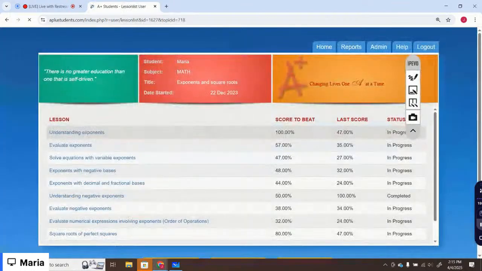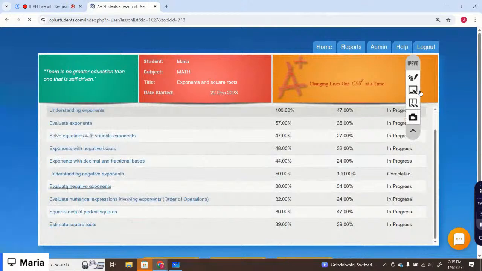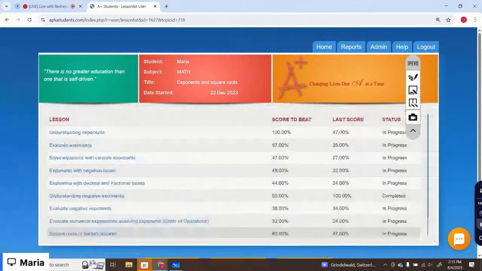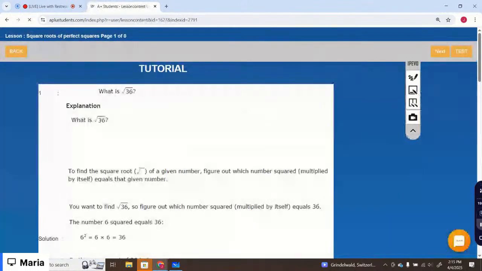The next lesson is square roots of perfect squares. What is the square root of 36?